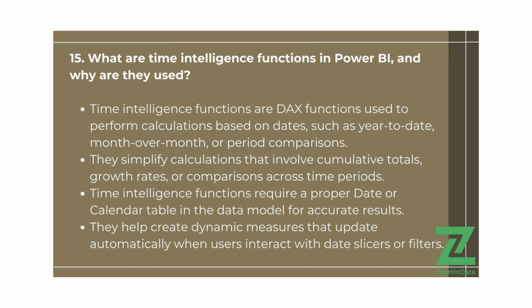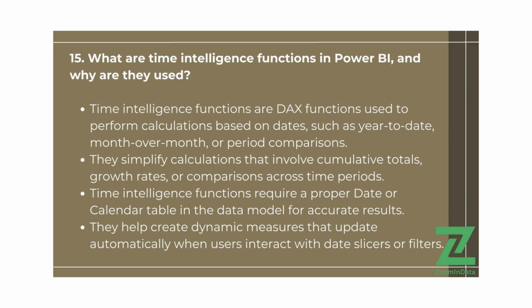15th question. What are time intelligence functions in Power BI, and why are they used? Time intelligence functions are DAX functions used to perform calculations based on dates, such as year-to-date, month-over-month, or period comparisons.